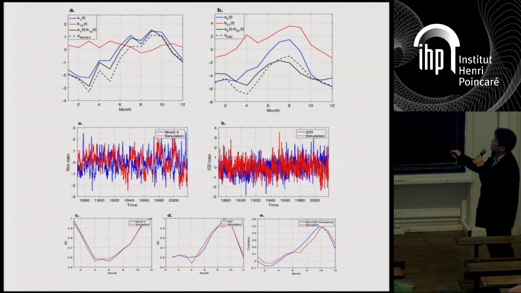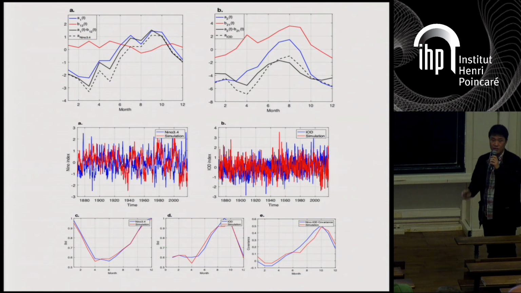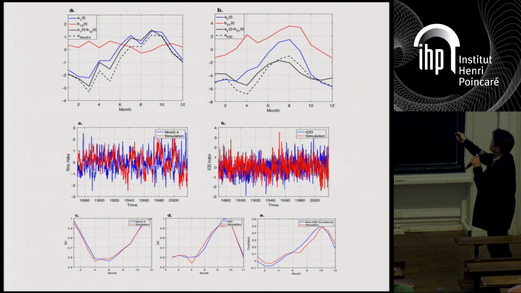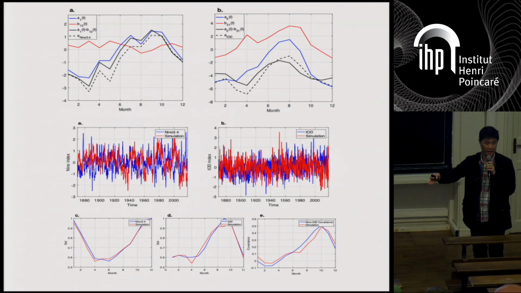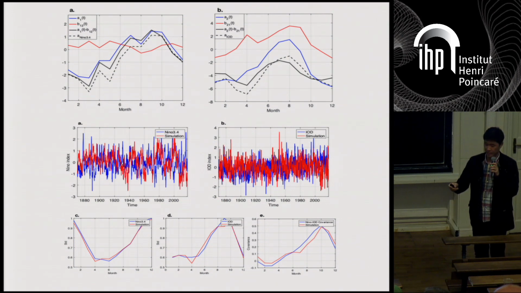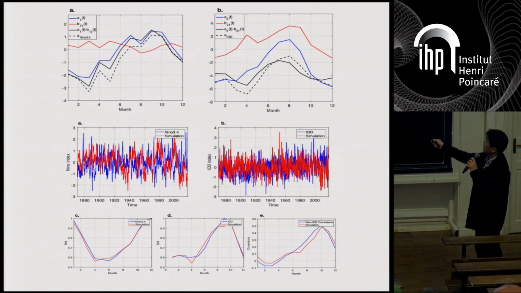This red one is B12. The physical meaning is the influence of IOD, the Indian Ocean, on ENSO. This other red one represents the influence of ENSO on IOD. You can see the asymmetry. Here it is quite negligible compared to other stability terms.